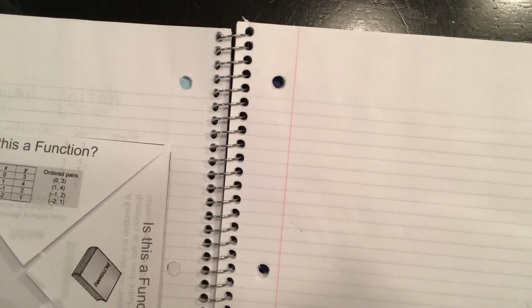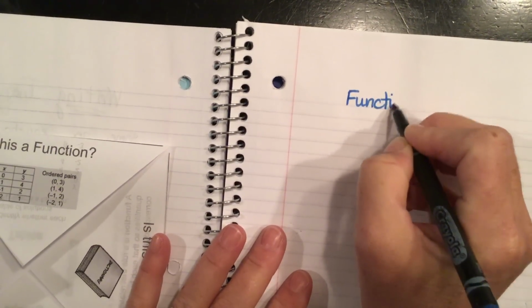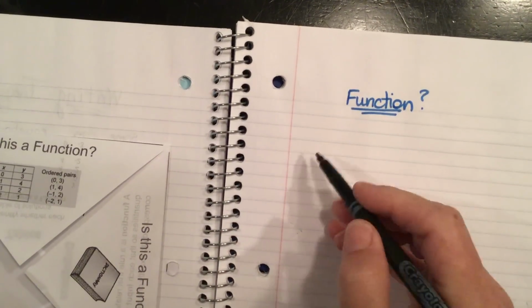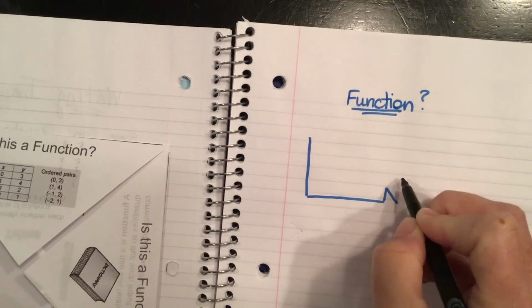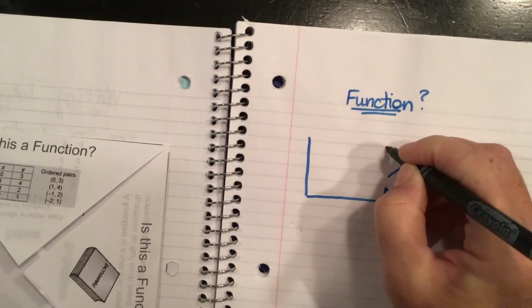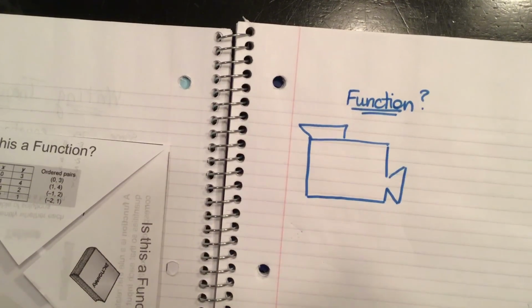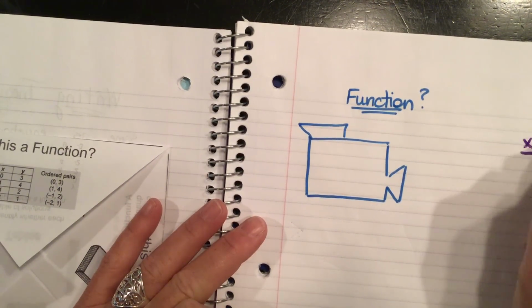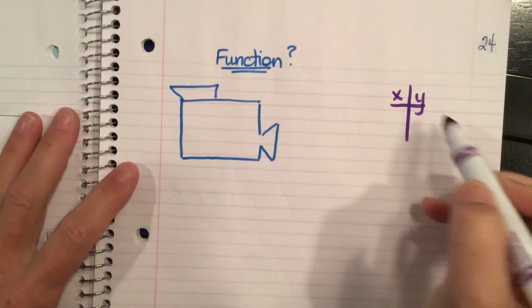What I want to talk about is, what is a function? Okay. I know some of you have seen this, I did it last year. Let's pretend you have a little machine here. Oh, sorry, I'll close that one off. Let's pretend that we have a table of x and y, yes, we're starting to get into algebra where we have an x and a y.